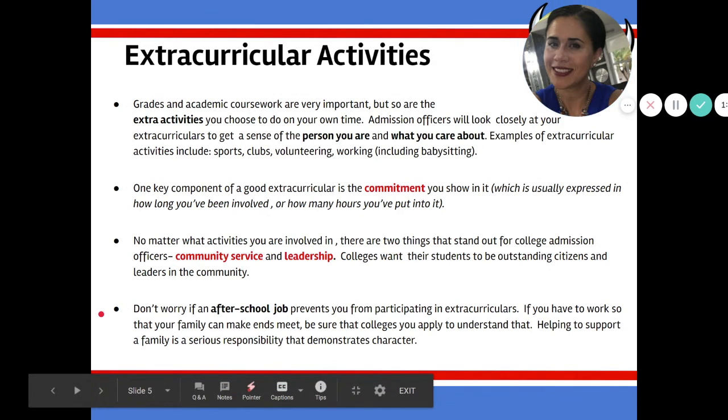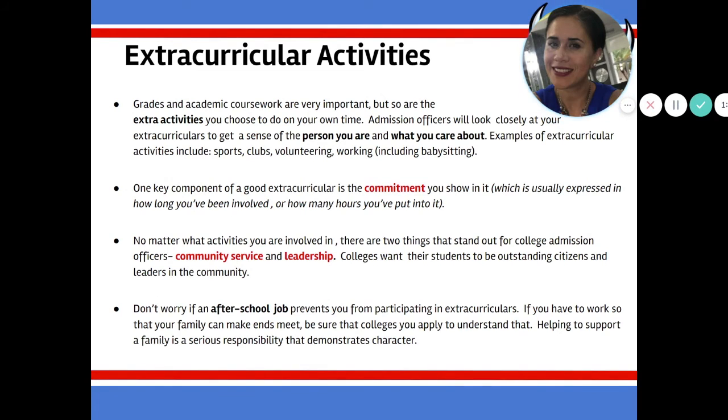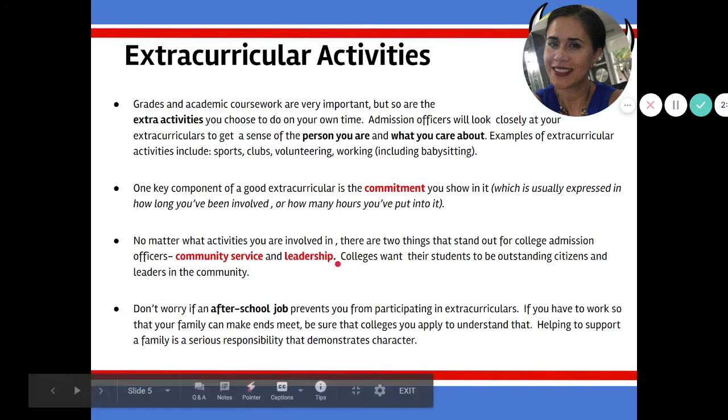Don't worry if an after-school job prevents you from participating in extracurriculars. If you have to work so that your family can make ends meet, be sure that colleges you apply to understand that. Helping to support a family is a serious responsibility that demonstrates character.